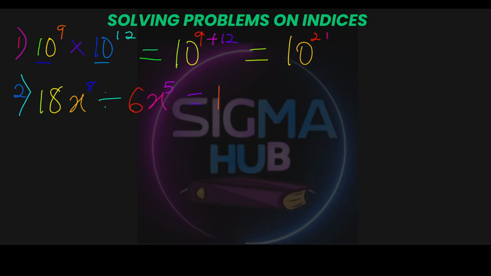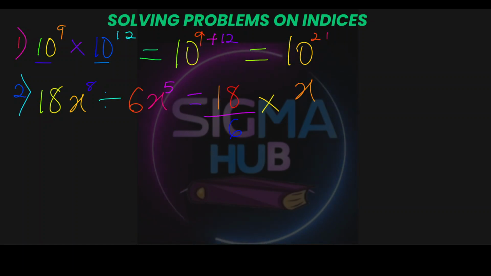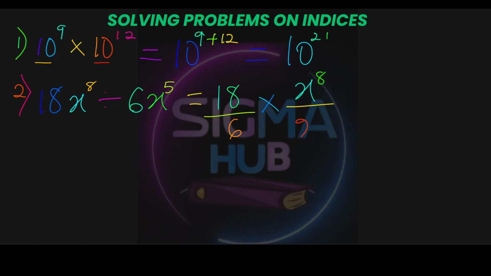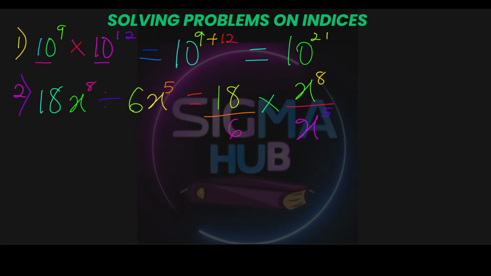So 18 divided by 6. Then we also have multiplied by x raised to the power of 8, so times x raised to the power of 8. And I can also say divided by x raised to the power of 5. So I just had to separate the numbers from the letters. So I separated the coefficient from the variables there.